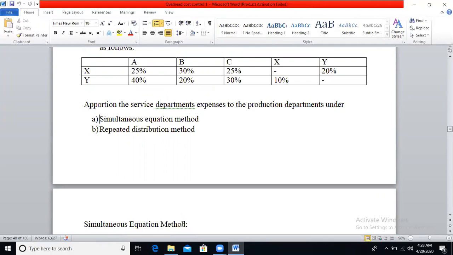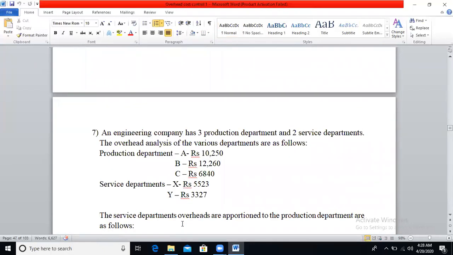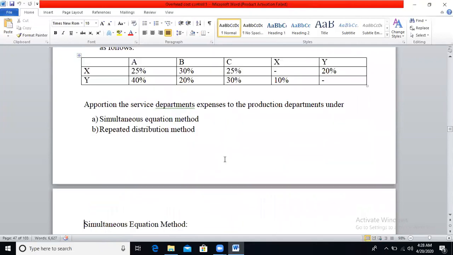If they have not mentioned any expenses, any basis, it means directly they will give you the values as per the primary overhead distribution summary. So these are the values of all the department as per primary overhead distribution summary. No need of preparation of primary overhead distribution summary. Directly they will mention in the problem itself.